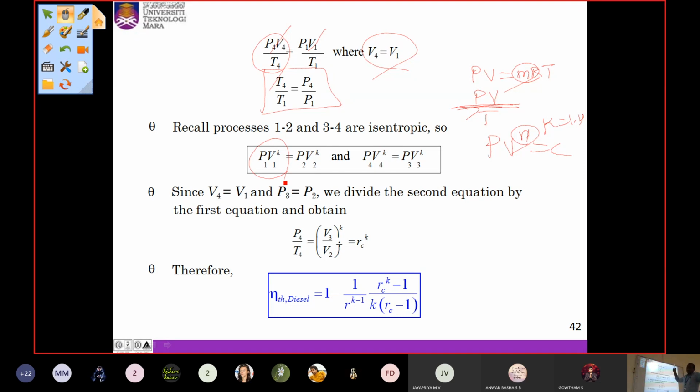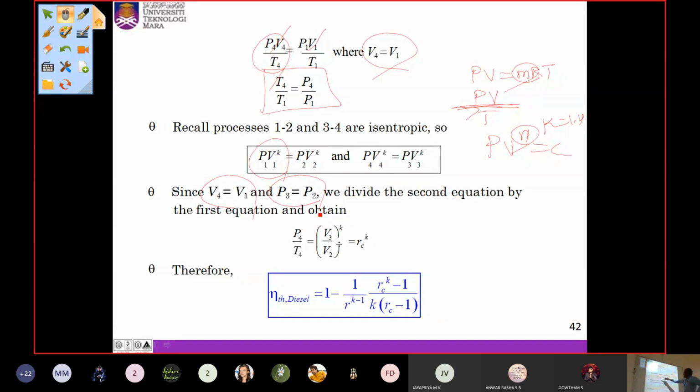Here we have to compare processes 1 to 2 and 3 to 4, which are isentropic processes. So we can write P1 V1 power k equal to P2 V2 power k, and P4 V4 power k equal to P3 V3 power k. You know very well V4 is equal to V1 for constant volume, and for a constant pressure process P3 is equal to P2.